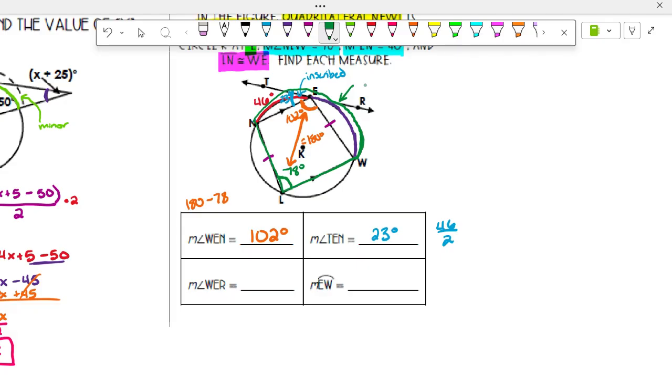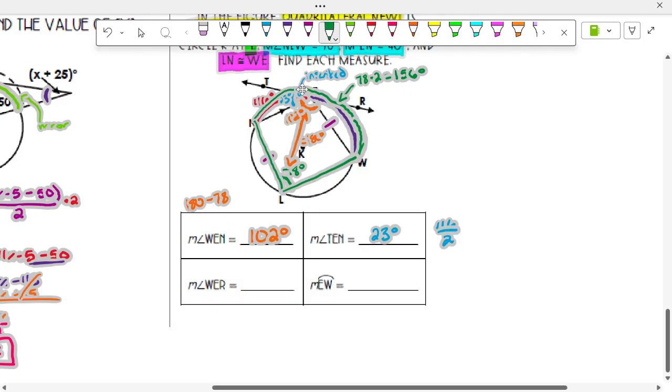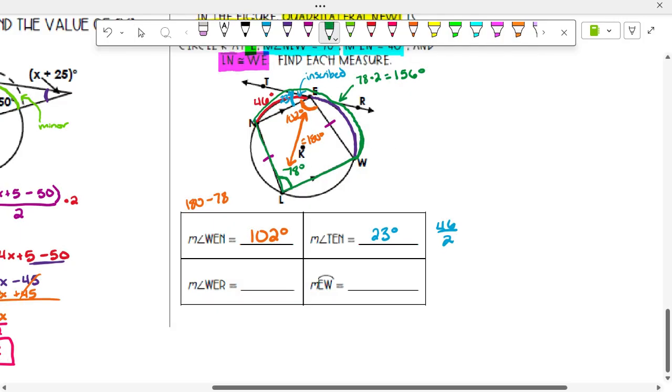So how would I find it, ladies? It's an inscribed angle. We got the angle. How do I get the arc? Multiply it by 2. So 78 times 2, which is what? Good. So that entire green arc is 156 degrees.